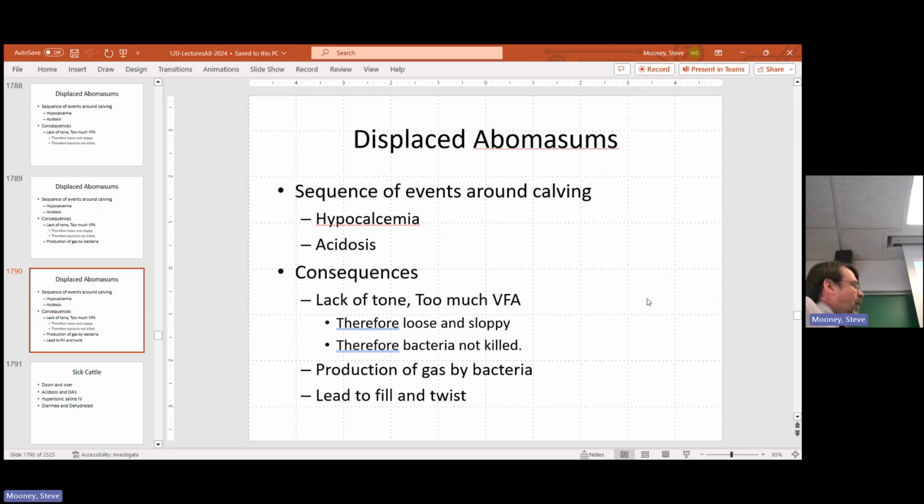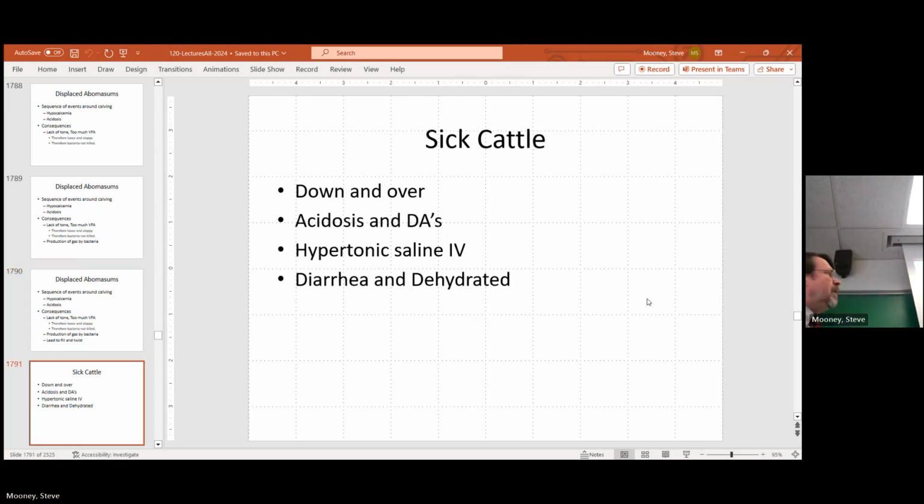But as we all know, logic is the art of going wrong with confidence, right? So it makes sense. It's a theory. And that to me is why we got to make sure we've got no hypocalcemia in our fresh cows, no acidosis in our fresh cows.